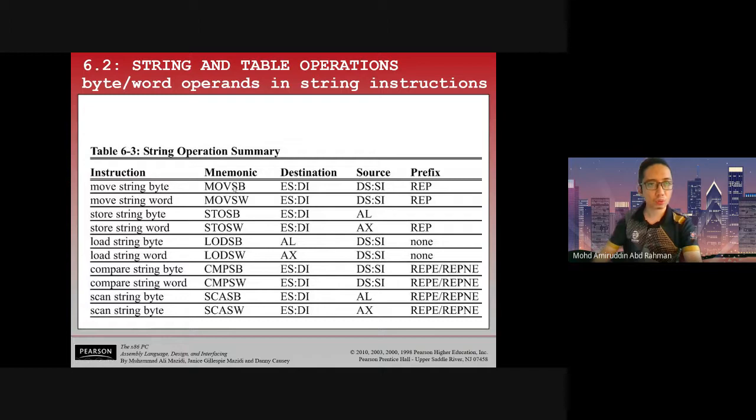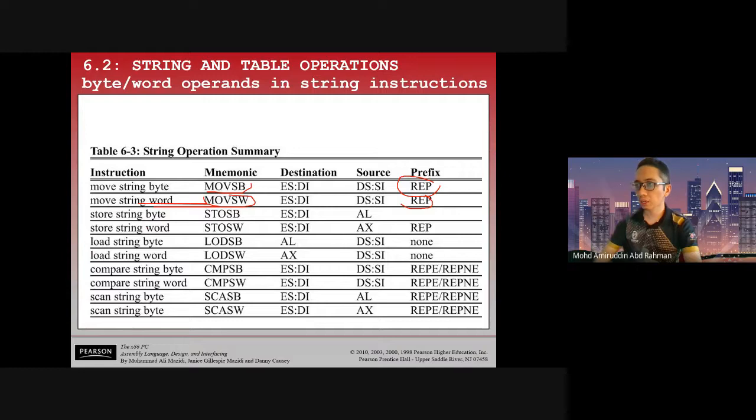So this is the instruction, the string operation. We have move a string byte, where we use the command REP. REP over here, and we can also move the string word, REP as well. This is the mnemonic: move string word, move string byte.